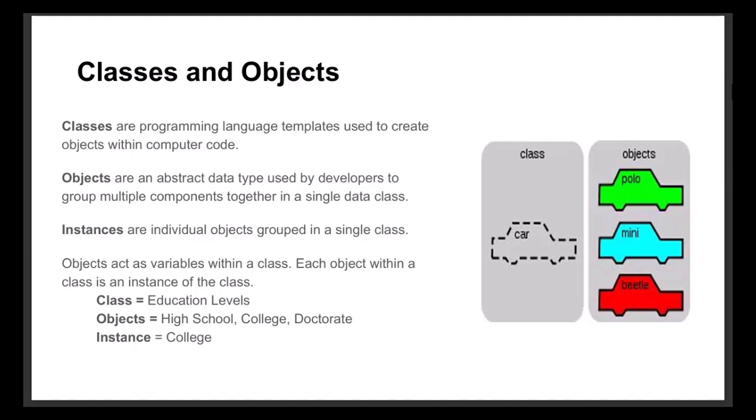And we can use an instance to identify individual objects within the class. So we could return an instance for college degree. That is one individual object within the class. This is a very effective structure type to allow our developers and our programmers to group multiple elements within a single grouping or class.